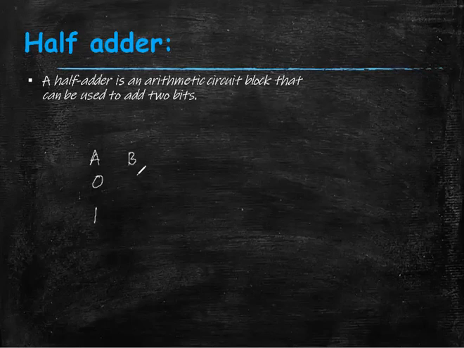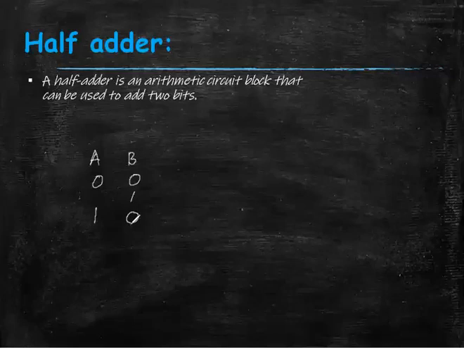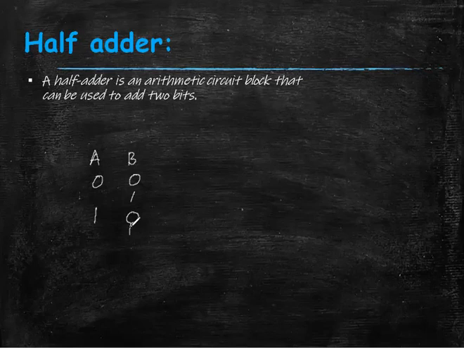Similarly, B can have values 0 and 1. Then if we add these values, there may be 4 combinations. First we add 0 with 0, the second one 0 plus 1, the third one 1 plus 0 and the fourth one 1 plus 1.